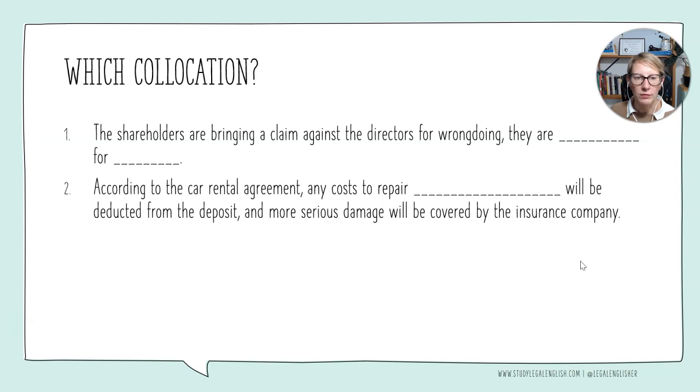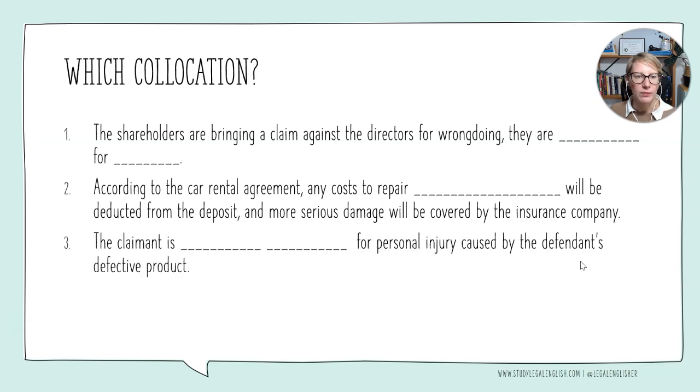Number 2. According to the car rental agreement, any costs to repair will be deducted from the deposit, and more serious damage will be covered by the insurance company. All right. Number 3. The claimant is for personal injury caused by the defendant's defective product.